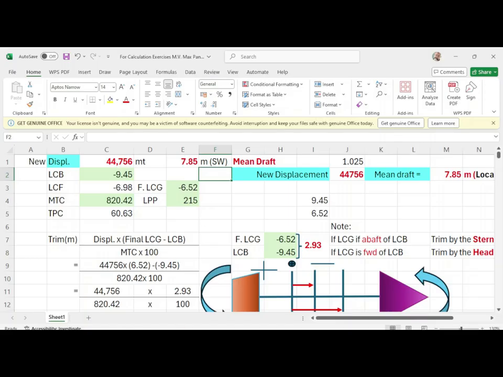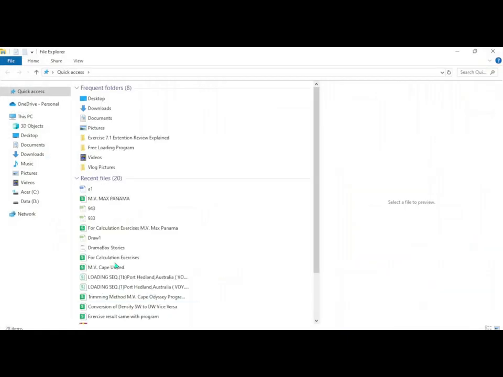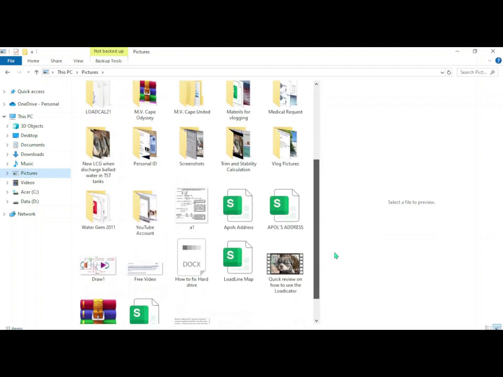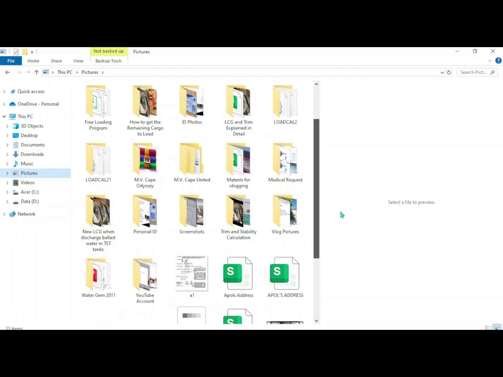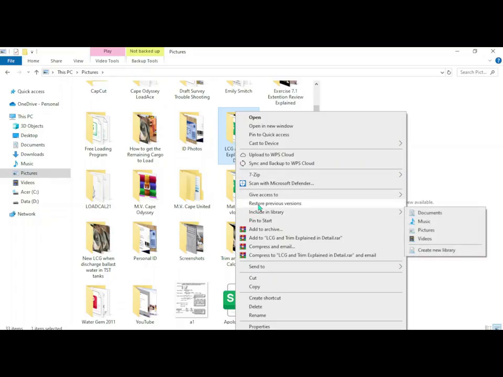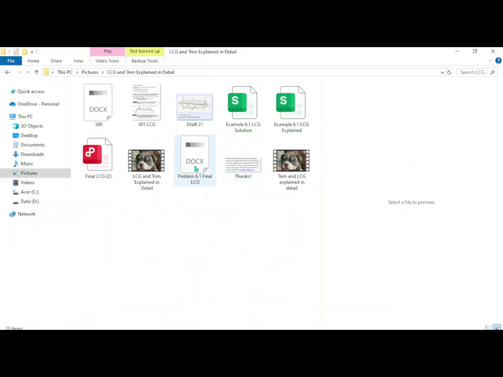Okay, I'll put it this one, guys. Go to final LCG. Where can I find this one? Where is that? Let me see. LCG. Okay.